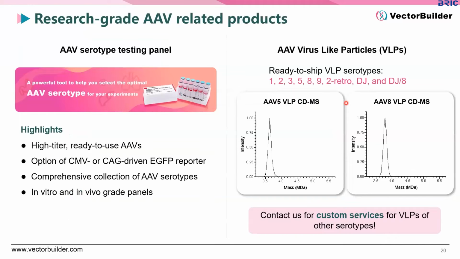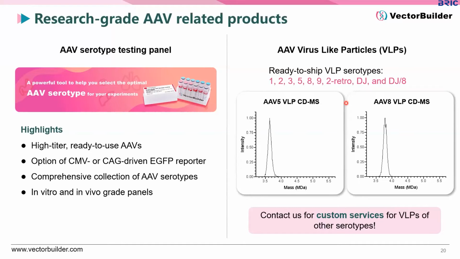About some research grade AAV related products, we have the AAV serotype testing panel, which is very helpful when researchers have a dilemma about which serotype to use in their research or targeted disease. You have the cells and tissues, but how do you test which serotype has the best efficiency?